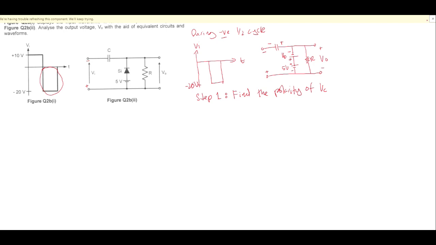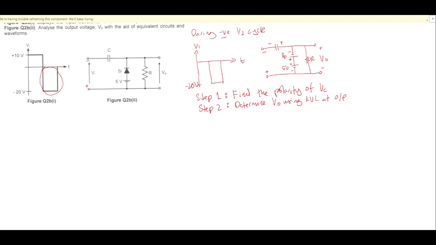After that, step number 2, you need to determine Vout using Kirchhoff's voltage law at the output side.